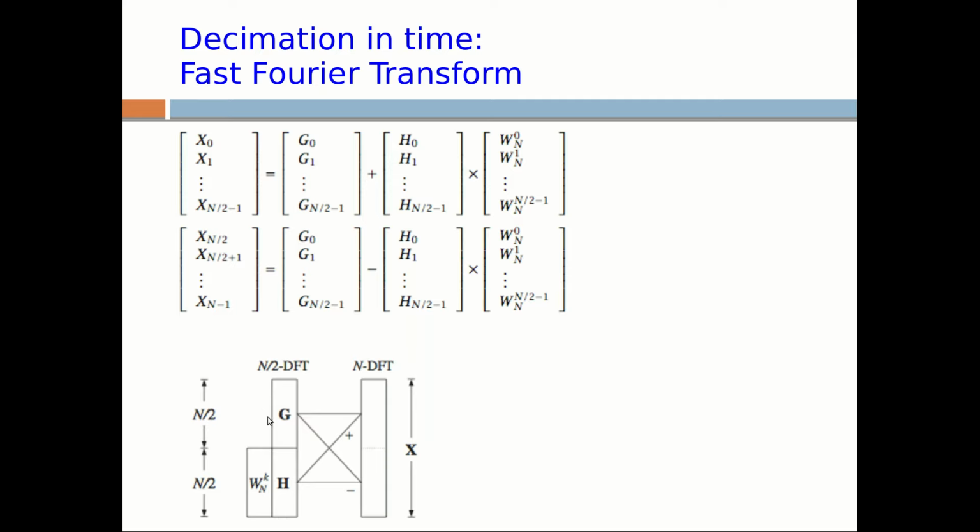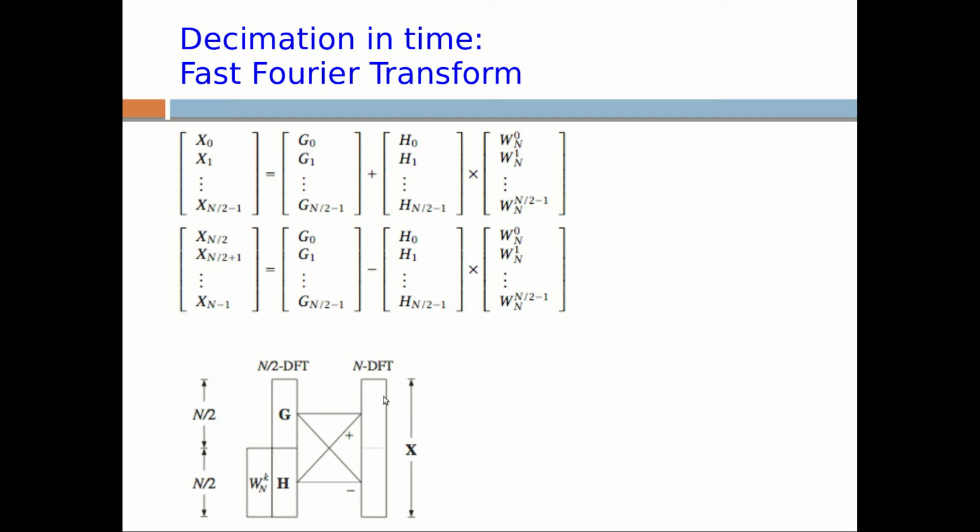G here is the N/2 DFT of the even points, whereas H is the N/2 DFT of the odd points. W is multiplied with H, and a linear combination of G and H gives us the coefficients of the N-point DFT. That is, the N/2 point DFTs can be linearly combined to find the N-point DFT's coefficients.